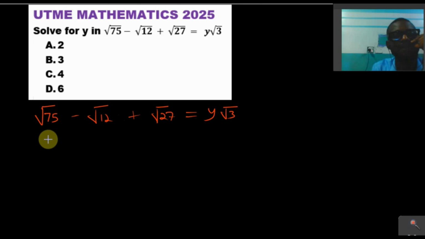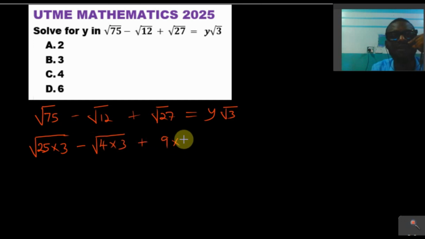So this 75 here can be written as the surd of 25 times 3, because 25 times 3 is 75. This 12 can be written as 4 times 3, and plus this 27 can be written as what? 9 times 3.